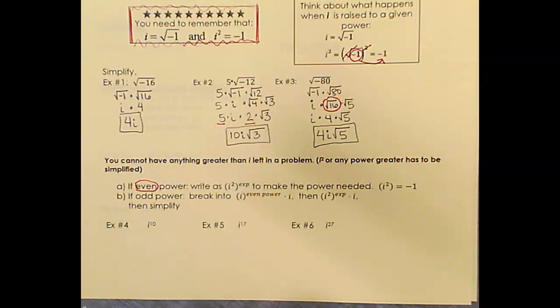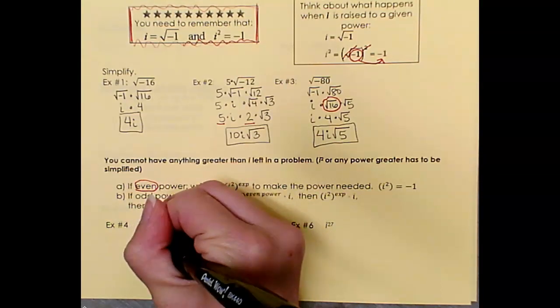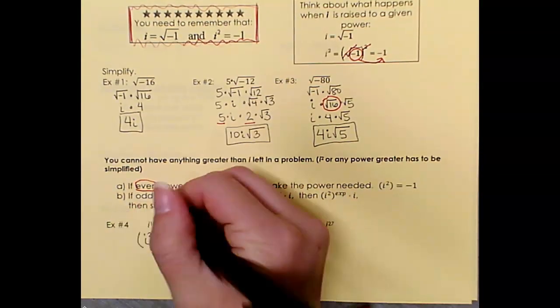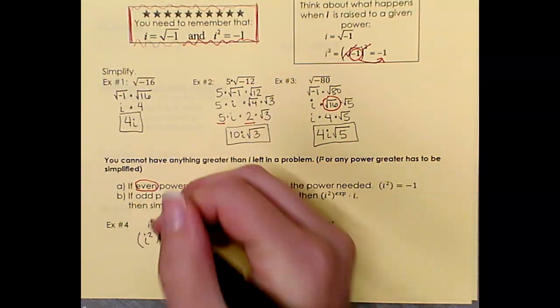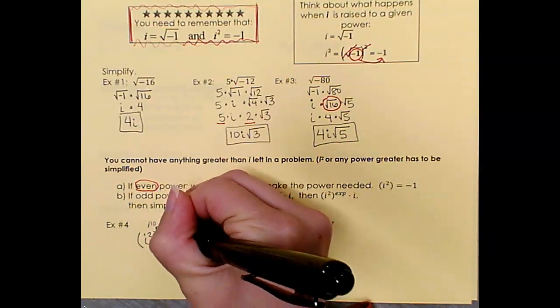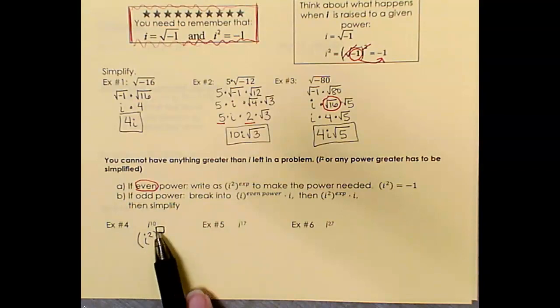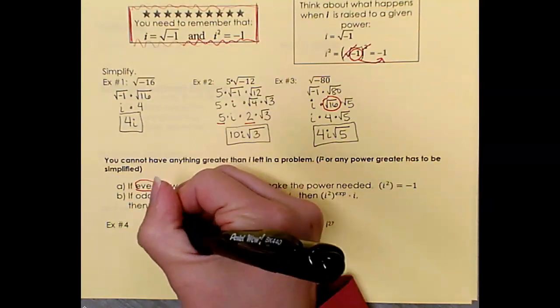So I'm going to read this as I squared raised to some other power up here. When you raise a power to a power, the way that you combine them is with multiplication. So 2 times what gives you the 10? 2 times 5.